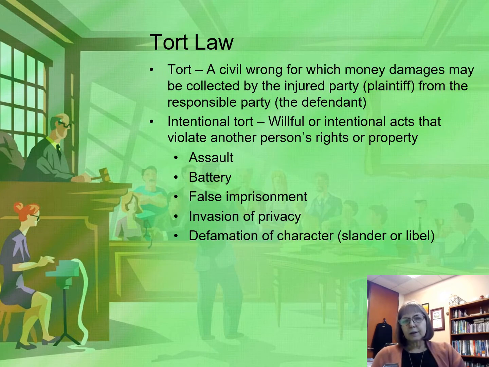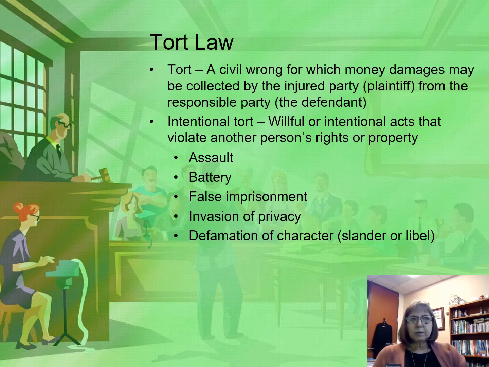I talked about criminal laws and civil laws. Well, a tort is just another name for a civil wrong. And I told you there are money damages tied to it. So if you're a nurse and you do something that is wrong and divert drugs or do something wrong in your work setting, then that's a civil wrong, and it will come with some monetary damages or fines, along with probably some continuing education that's required by the Board of Nursing, and maybe even a suspension or revoking of your nursing license.